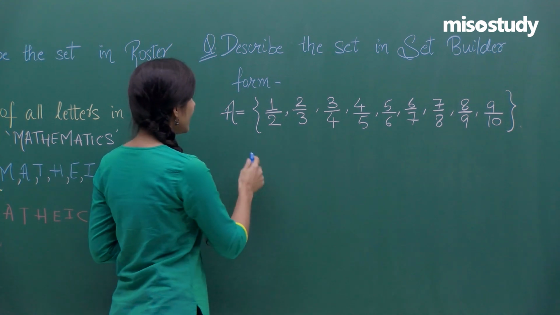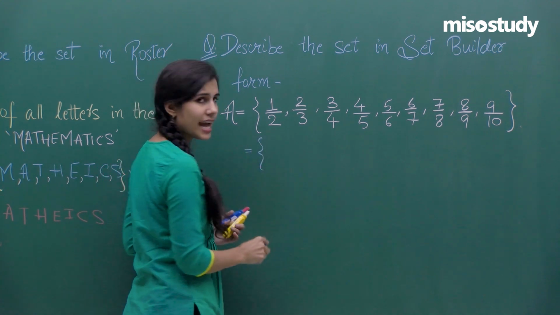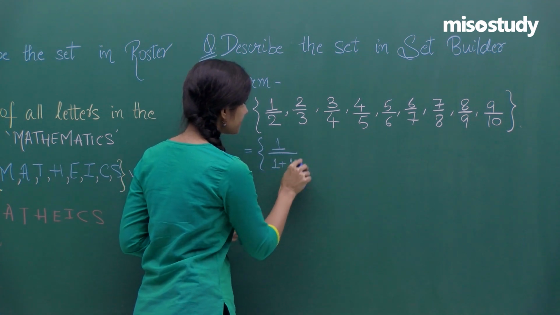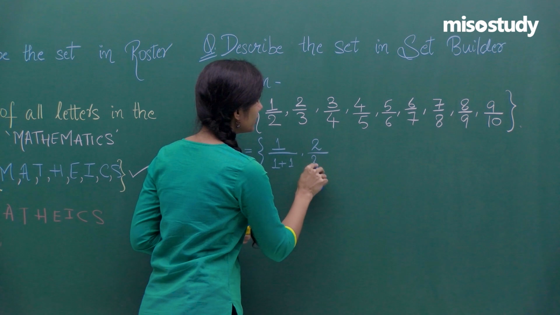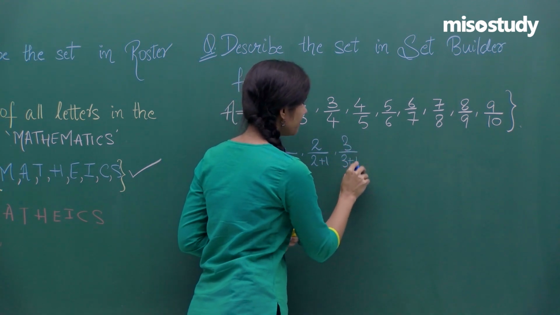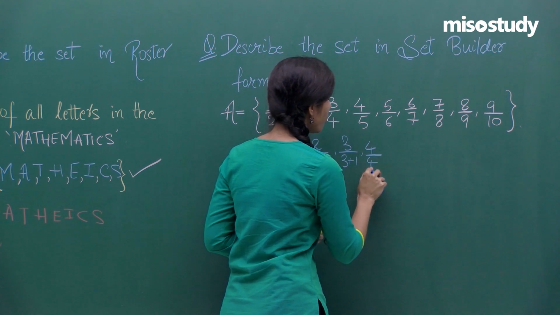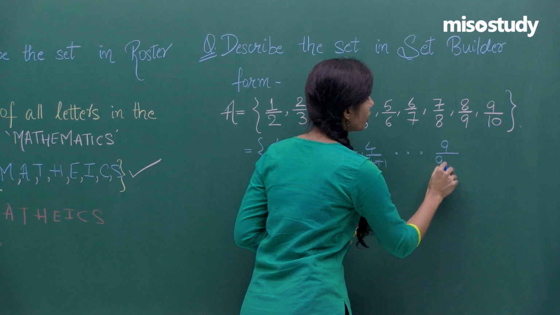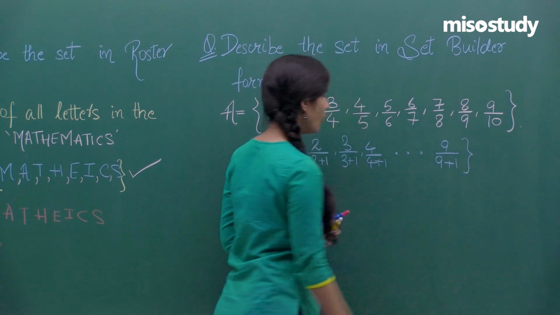So alternatively, I can write my set A as 1 upon 1 plus 1, 2 upon 2 plus 1, 3 upon 3 plus 1, 4 upon 4 plus 1, and so on till 9 upon 9 plus 1.